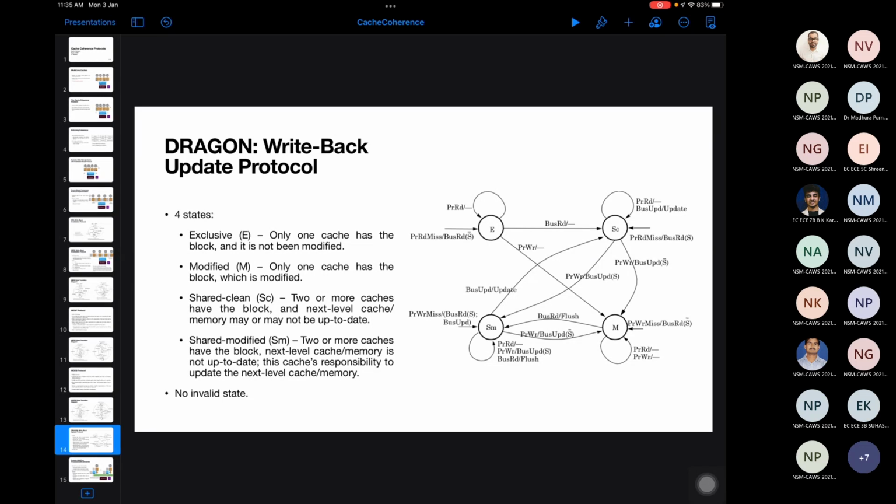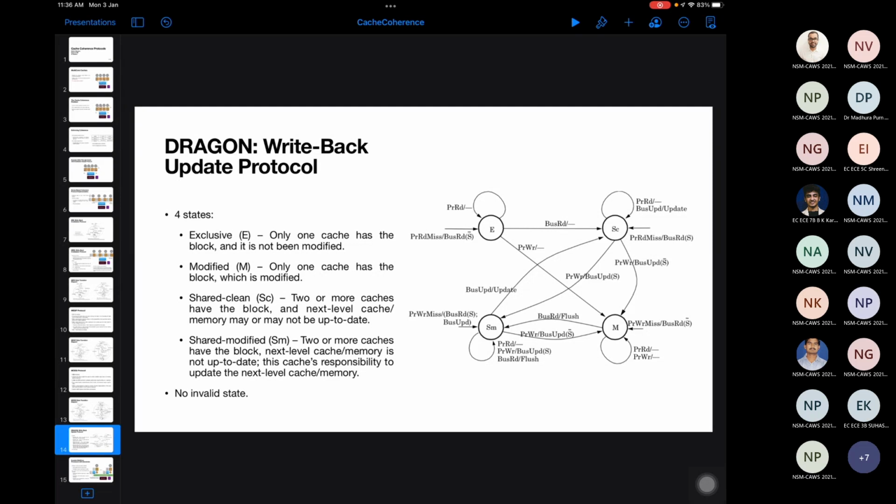Now, if you want to perform a write operation to an E block, because it's an exclusive copy, no one else has the copy. When I want to perform a write operation, I can straight away go from E to M, similar to the MESI protocol we considered previously. So there is a diagonal arc from E to M on processor write request.